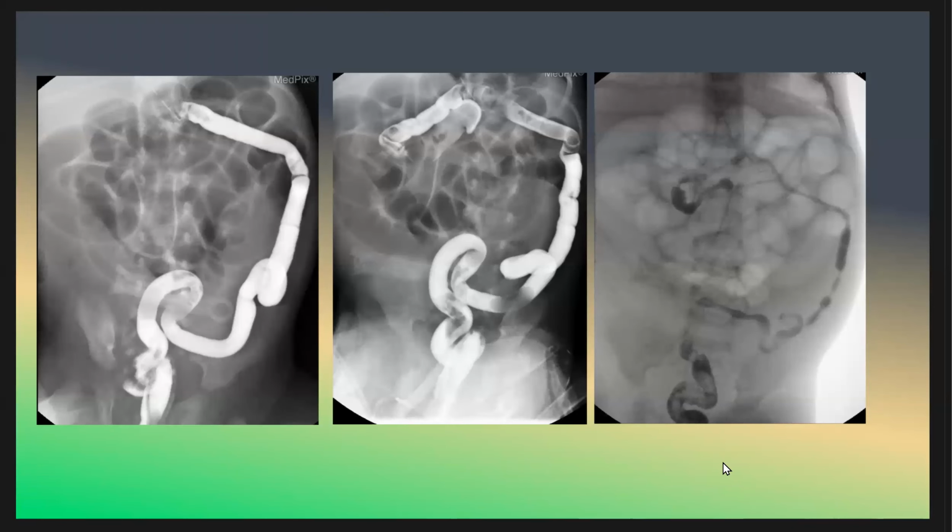What do you think the patient has? This is a 3-day-old neonate with abdominal distension. As we see here, there is distension of the bowel here and there.